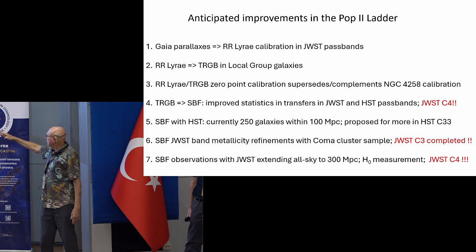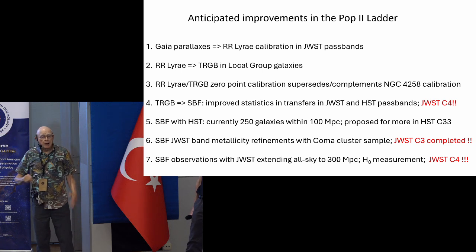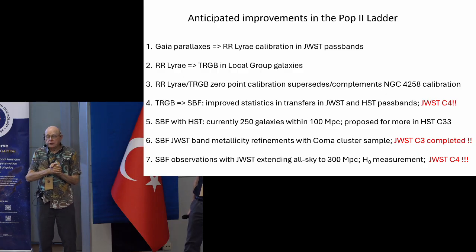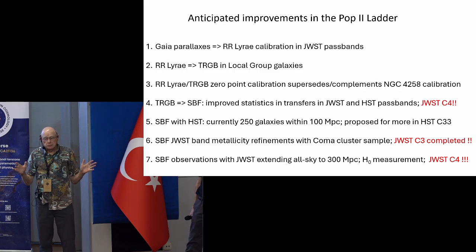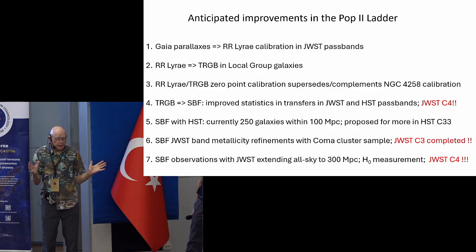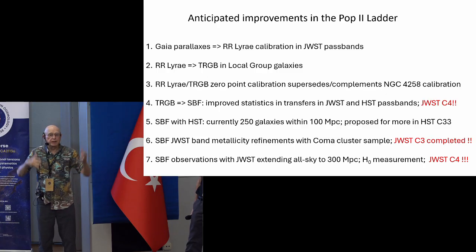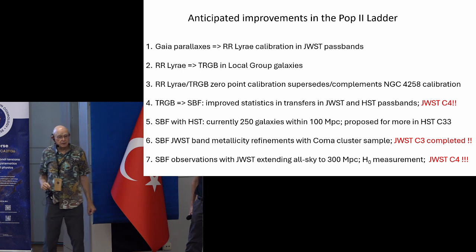But the other thing is that with JWST, we have a survey that will be going out to about 300 megaparsecs. It's a new mode that they have with JWST, where we give them a big sample of 300 galaxies and say, just observe whatever you can of those. So the final result is going to depend on how many galaxies we get out there.